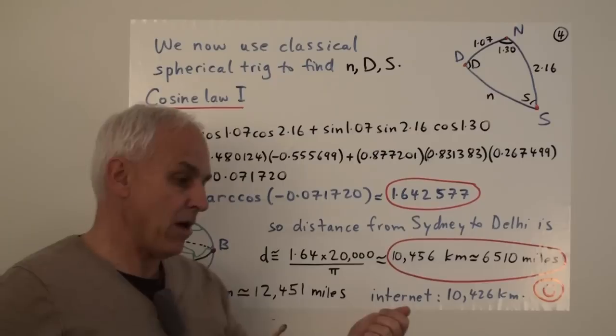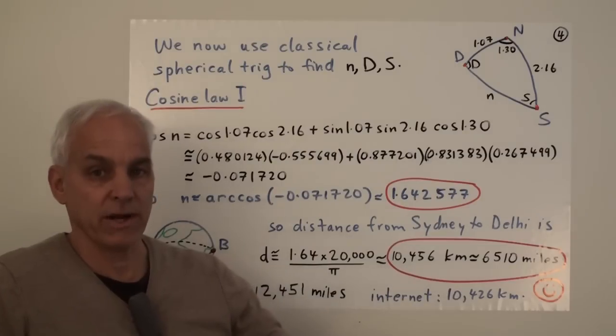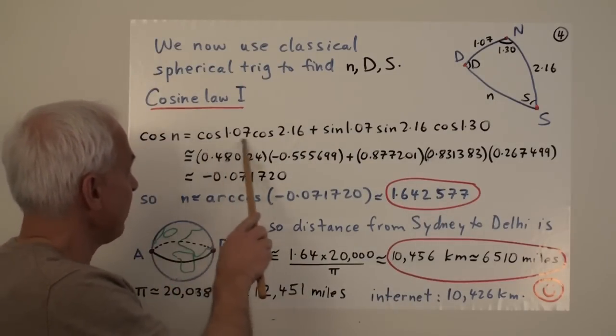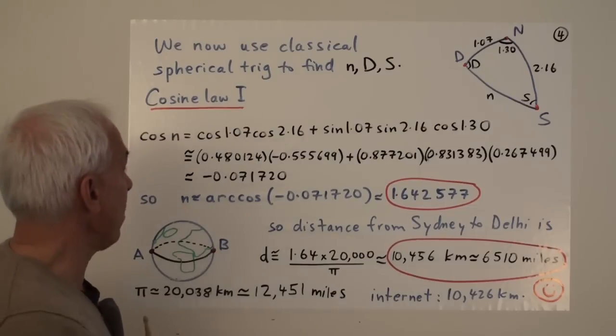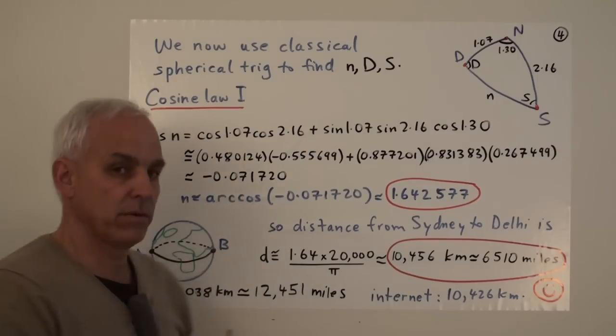To actually use that power series, you could use the first 10 terms and get a reasonable approximation. So one way or the other, we can get an approximate value for cosine 1.07, approximately 0.480124.